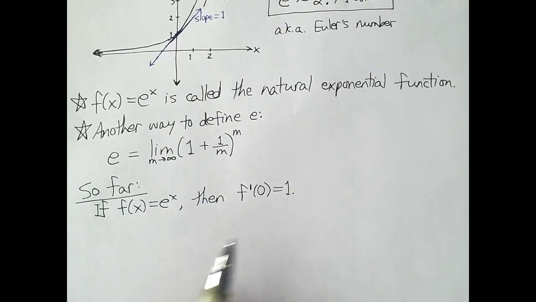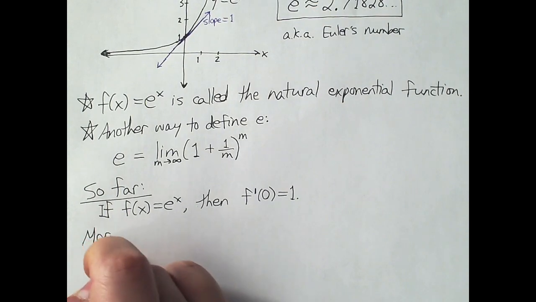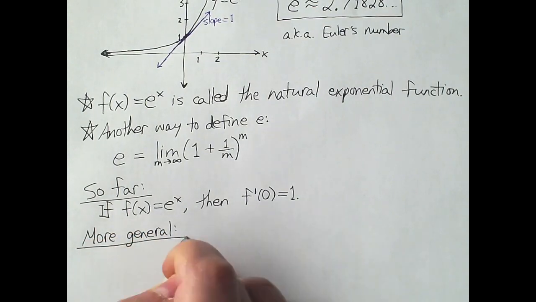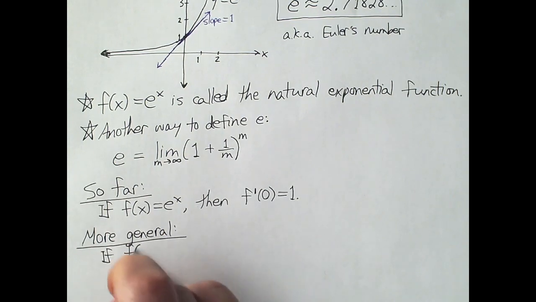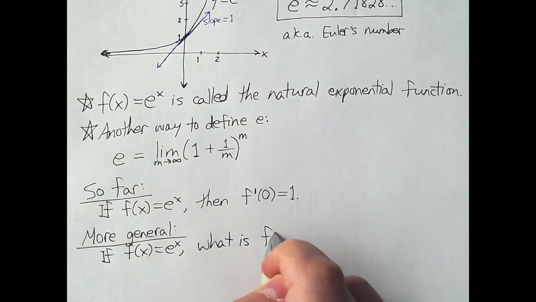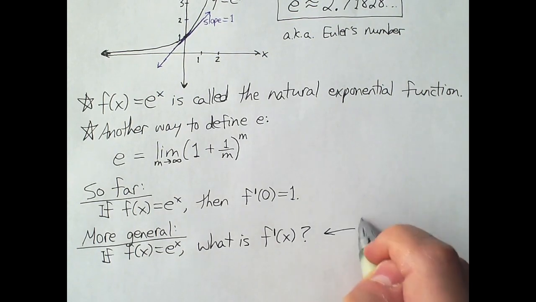But that's f'(0). That's the derivative at a specific point. And we would like to know more generally: what if f(x) = e^x, and we ask ourselves, what is f'(x)?